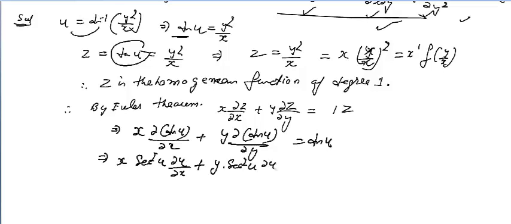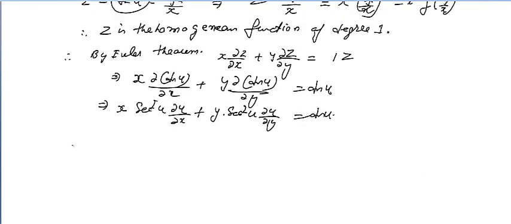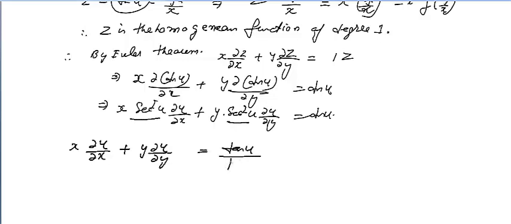Sec square u ∂u/∂y is equal to tan u. Okay, so what you will get here? x ∂u/∂x + y ∂u/∂y. Sec square is common. I will take this sec square in the denominator of the right hand side, so you will get sec square u.